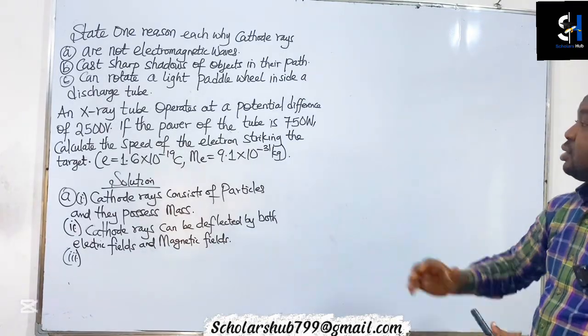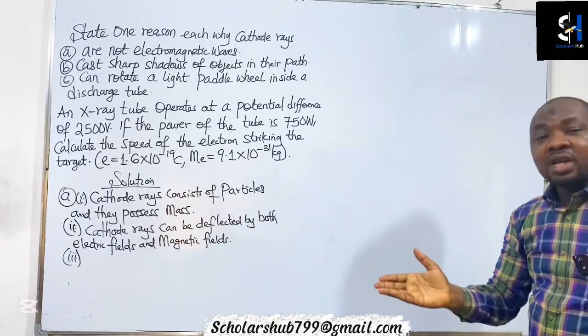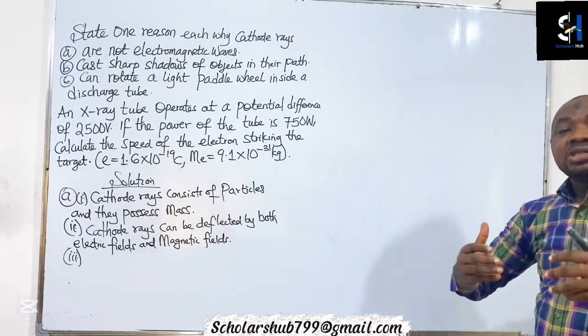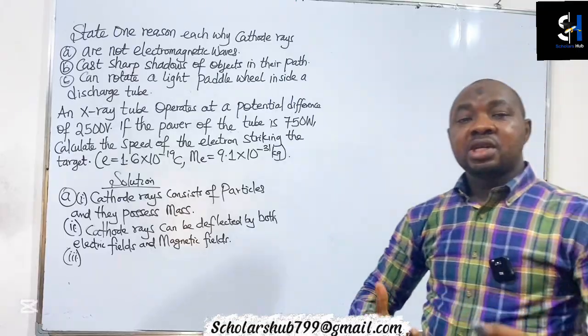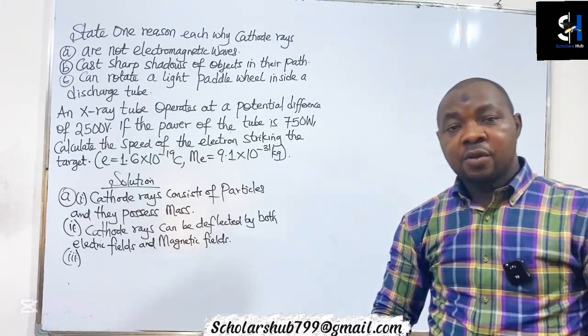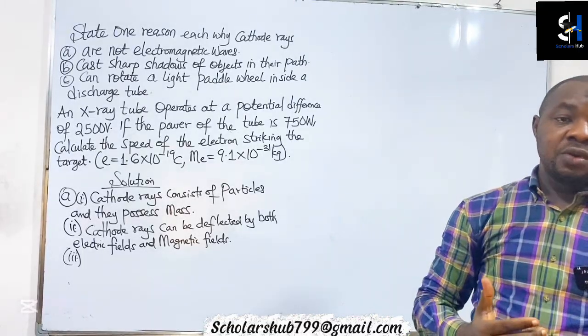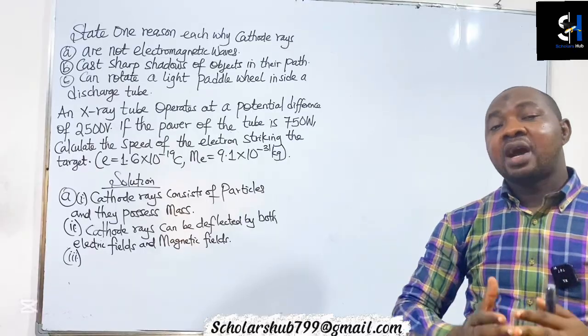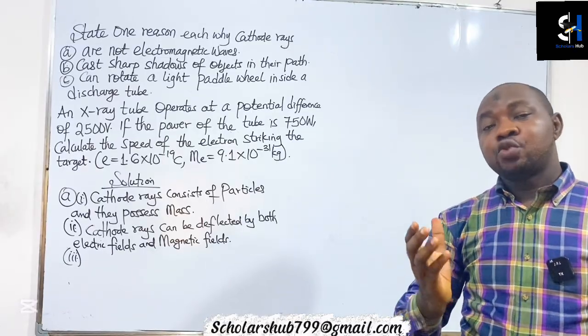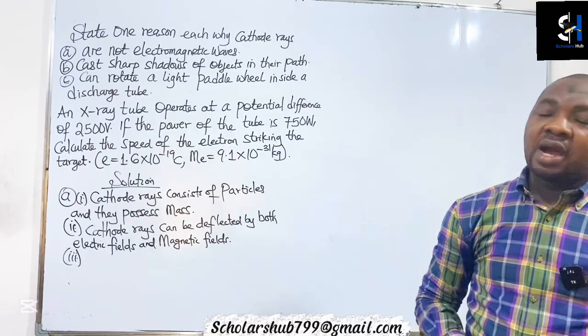So in that case, we have field emission, or we can have it as thermionic emission, which is the process of electron emission from the surface of a metal when subjected to heat at a very high temperature.